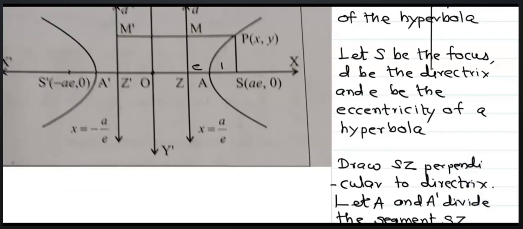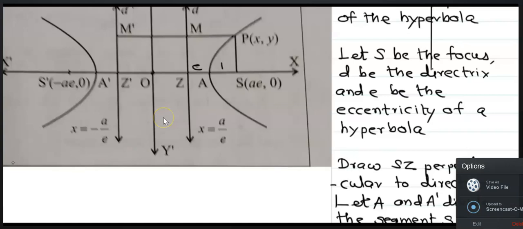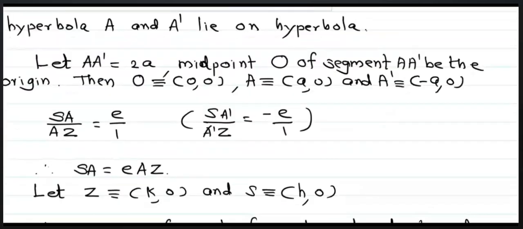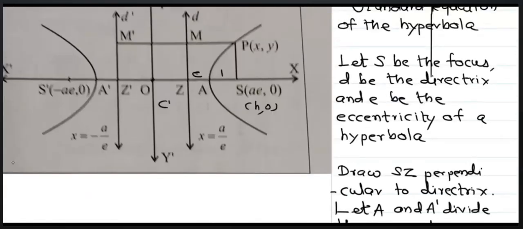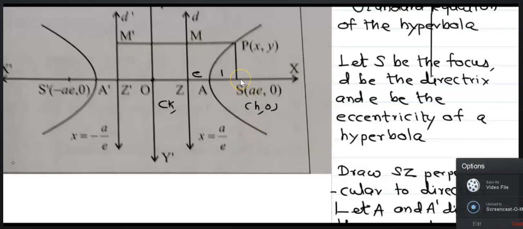See this again here. These are the points, the ratio e:1. We treat the coordinate of S as (h, 0) and Z as (k, 0).